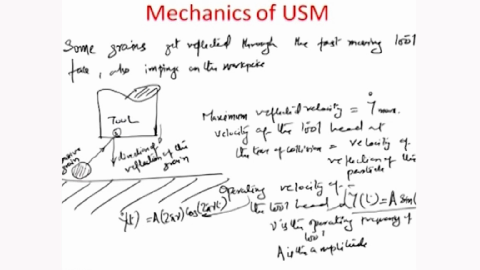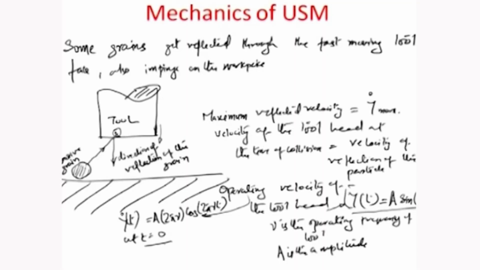And as you know here that at time t equal to, let us say, 0, which signifies probably the mean position of the particular tool where the velocity is supposed to be the maximum, this value y dot t would be y dot maximum, okay, which is actually equal to a times 2 pi nu. Okay. A is the amplitude of motion, nu is the operating frequency, and so a times 2 pi nu is basically the y dot max or the velocity of motion.